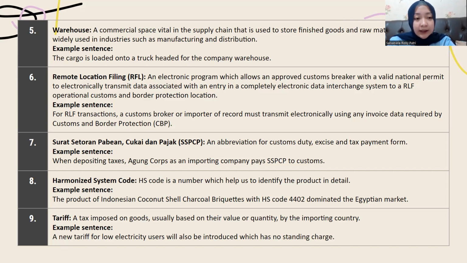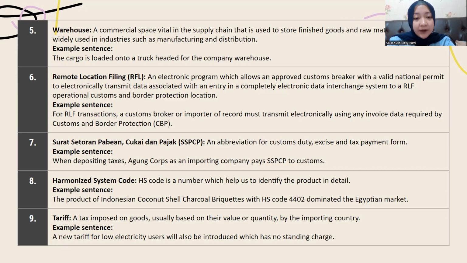The example sentence is, "For RLF transactions, a customs broker or importer of record must transmit electronically any invoice data required by Customs and Border Protection, or CBP."